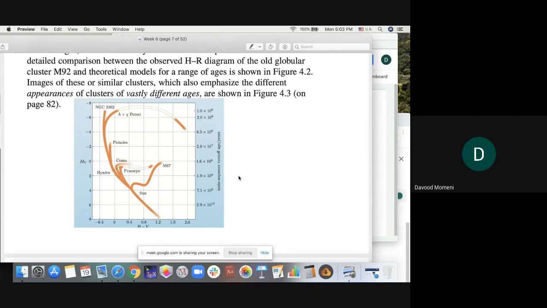So the main sequence turn off age is the time at which such clusters like M67 or Coma or Pleiades or NGC 2362 will turn to the red giant. This is the red giant region, and this is the main sequence this time.